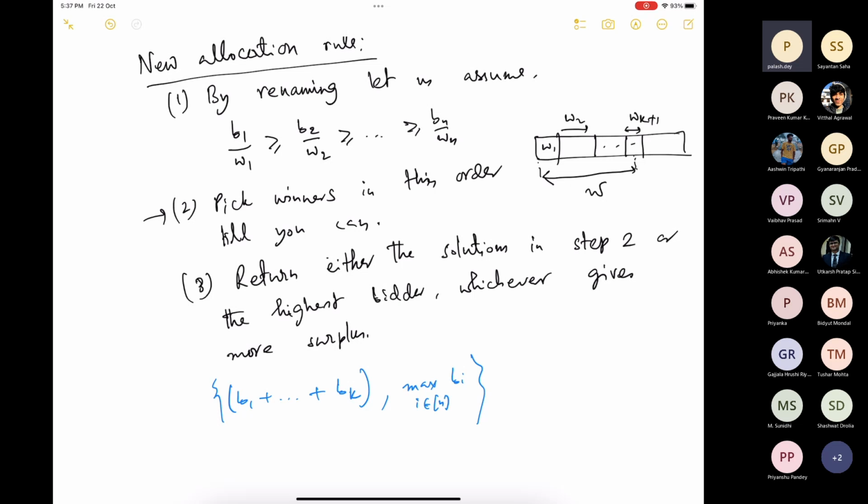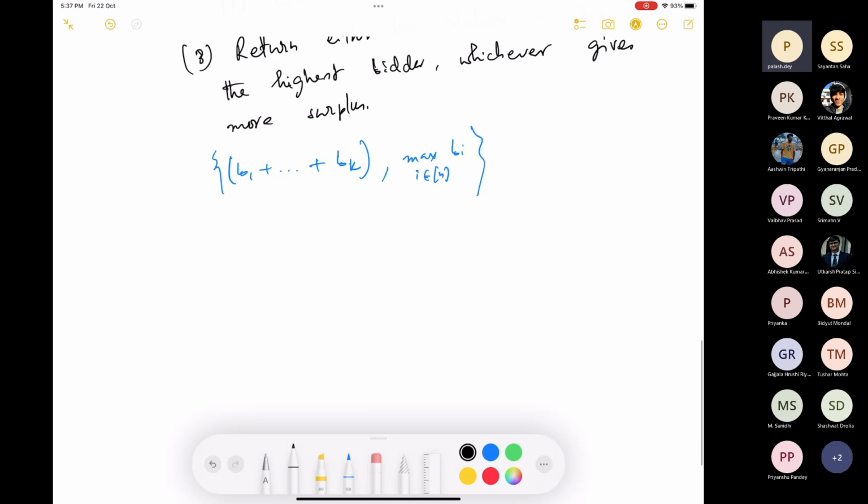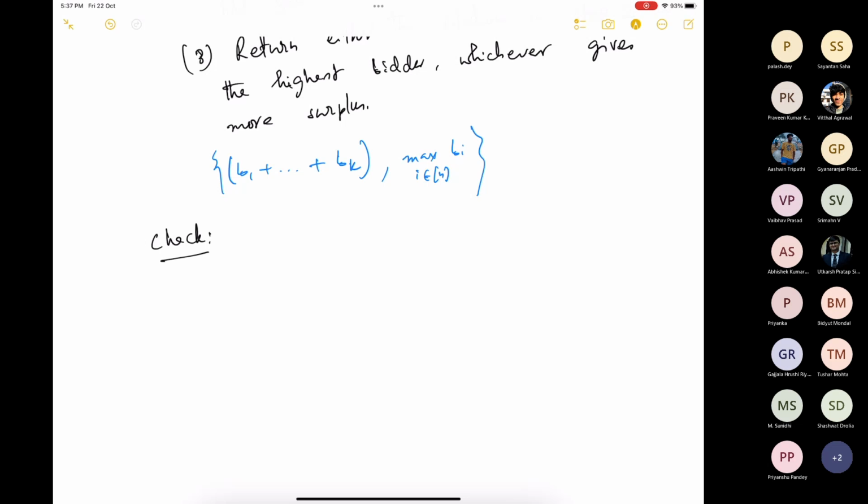And I let you check, it is also easy to check, that the allocation rule is monotone. Indeed, focus on any particular player i, and if player i is winning, and if we increase that player i's bid, then player i will continue to win, which is very obvious from here.